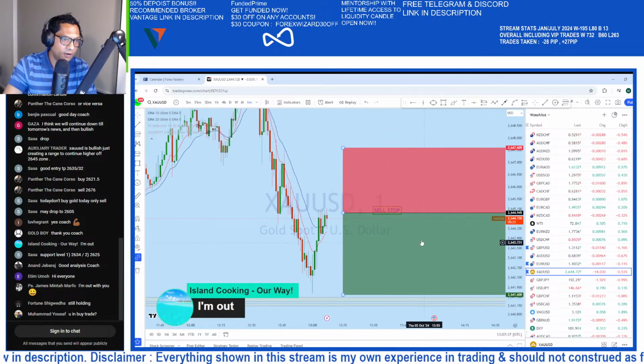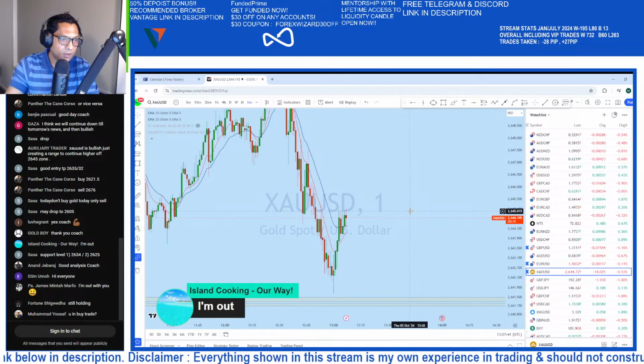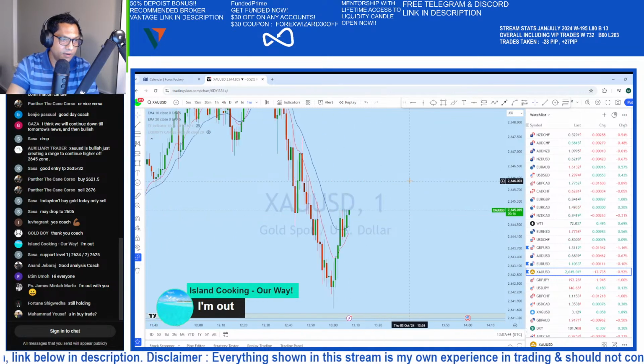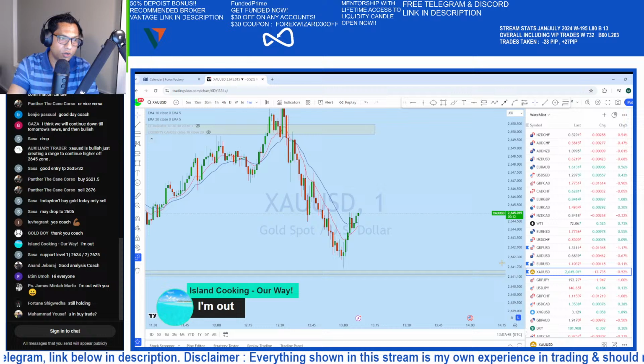We can see that here, if we find another entry, we'll be looking for it. As soon as we find that, at the moment we might see some short-term upside here.